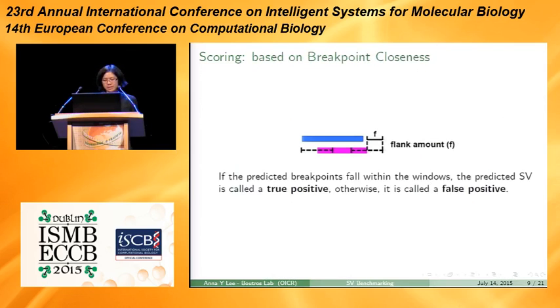Now, if we look at the breakpoint closeness type of evaluation, to reiterate, we would call a predicted structural variant a true positive if the break-ends fall within the windows around the spiked in variants' break-ends, and we allow a certain flank amount, and this flank amount we can vary and see how the results change.